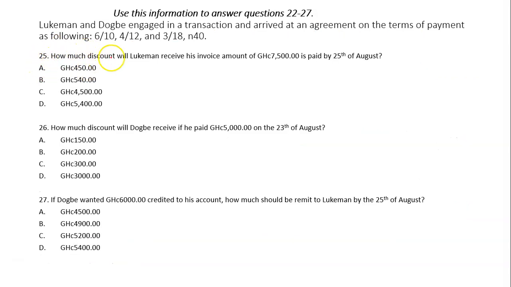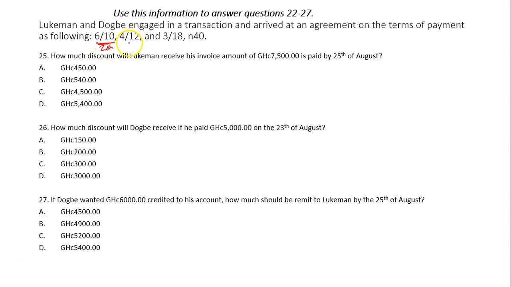25. How much discount will Lukman receive on his invoice amount if 7,500 is paid by 25th August? If he pays by 25th August, it means that it meets the first condition. Because for the first one, the discount date is 28th.